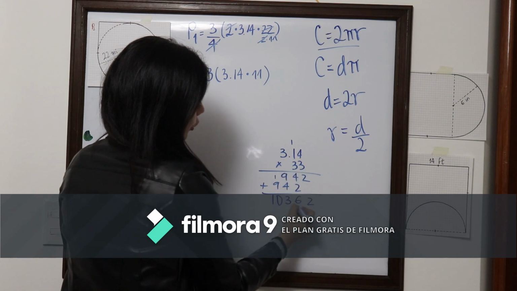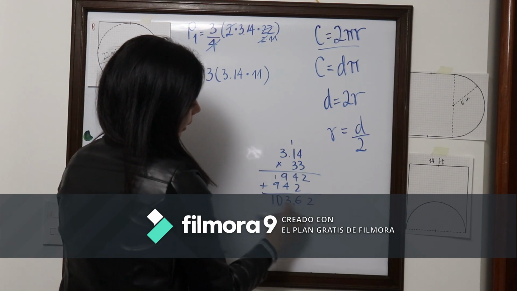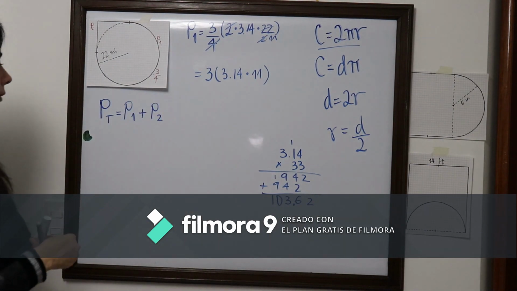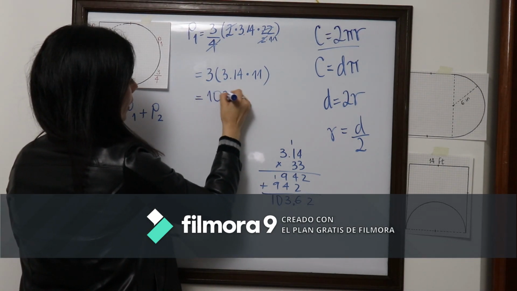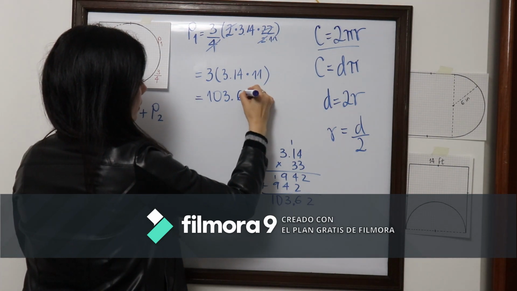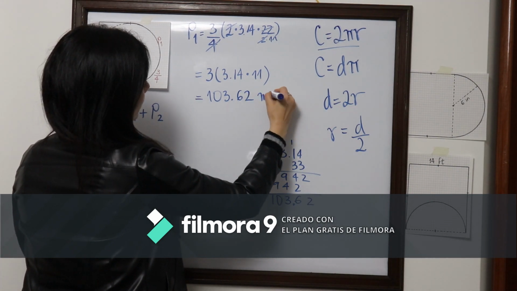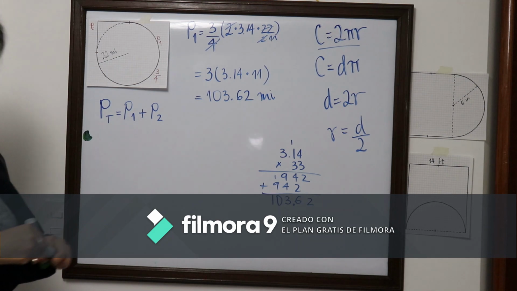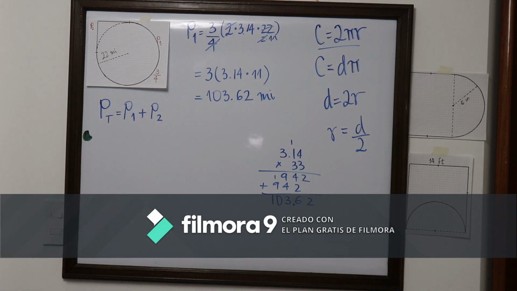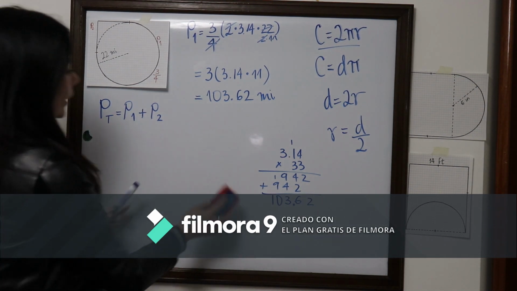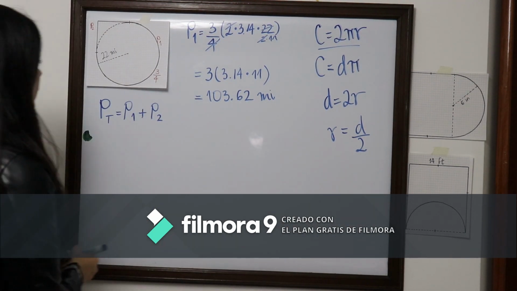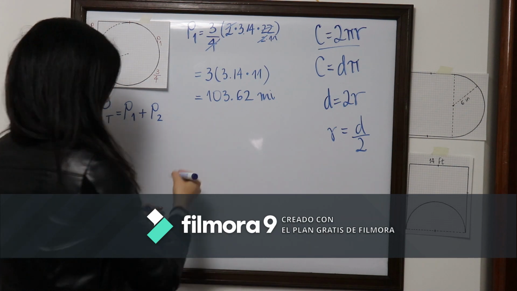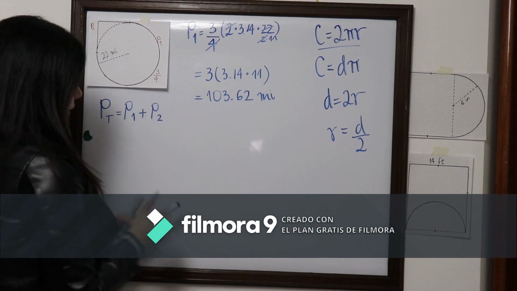And I have 2 decimal places, so remember I gotta move from left to right at the decimal point. So right here I have 103.62 miles. Please remember to write down your units at all times.